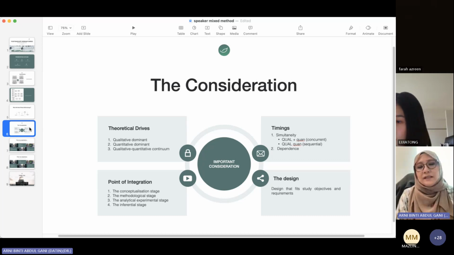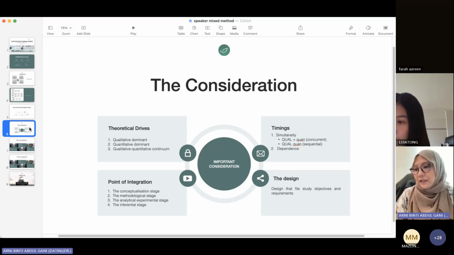If you are qualitative dominant, the qualitative part is the focal point, the central focus of the whole research process. Likewise, if it's quantitative dominant. And sometimes we say 50-50, it's of equal weight for your research. So you have to know whether you are qualitative dominant, quantitative dominant, or qualitative quantitative continuum.